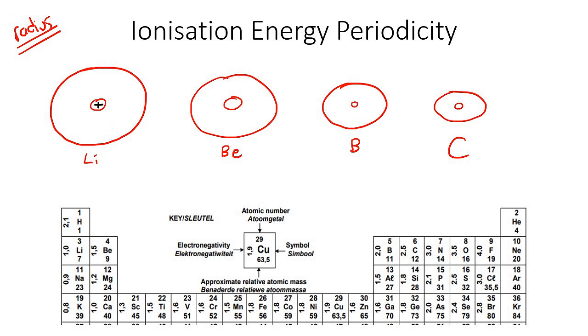I'm just going to put positive over there. And then on the outside we've got electrons. I haven't shown all of the energy levels. I'm just going to show 1 electron for each of them. Okay, and those are the electrons that I've just drawn.